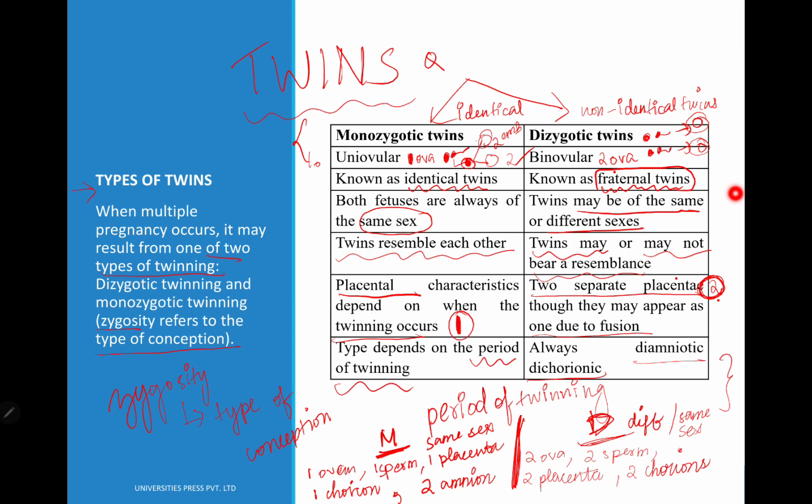In monozygotic, there is one chorion but two amnion will be there. And it is always two chorions and two amnions. Remember, everything is 2 for dizygotic, okay? 2 ova, 2 sperm, 2 placenta, 2 chorions, 2 amnions. Whereas in monozygotic, everything will be single except for amnion alone will be 2, whereas chorion, placenta, sperm, ova, everything will be single.